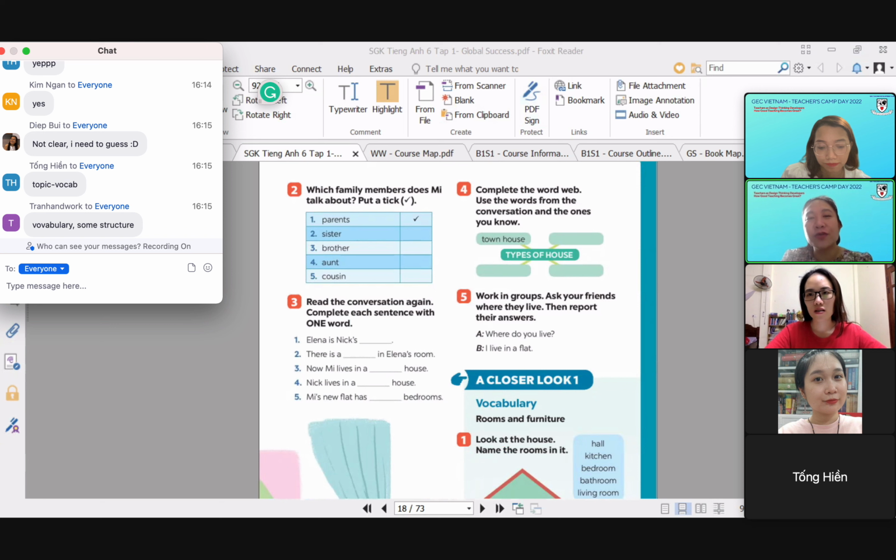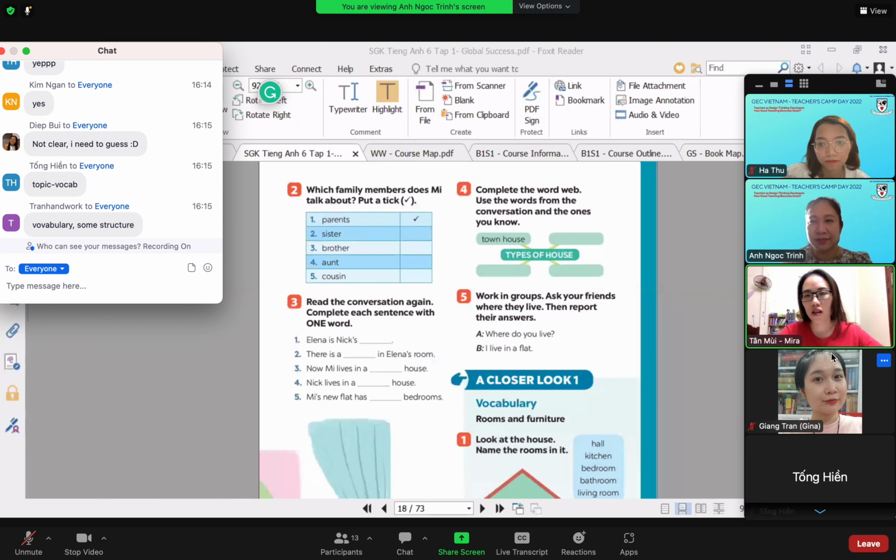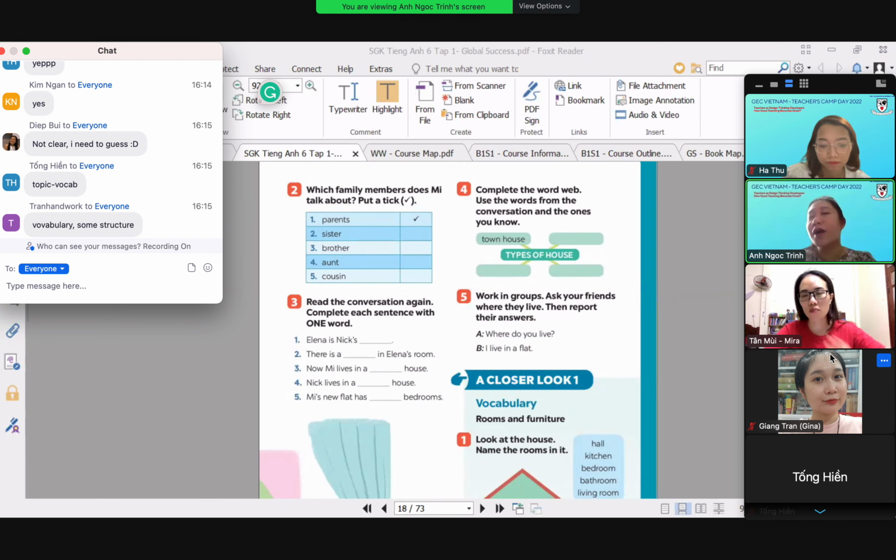That is the way that you see the outcome, right? Yeah, normally they need to be able to use the structures for themselves to express their ideas and talk about themselves. That's the result. That's the outcome of the activity, right?